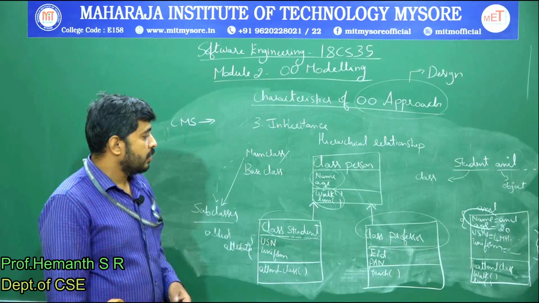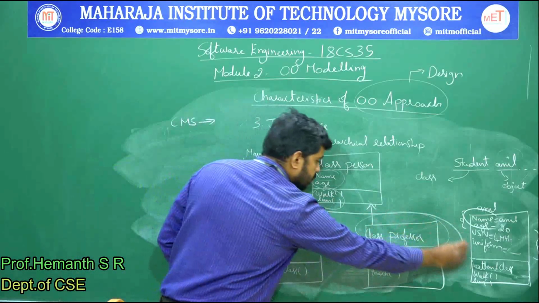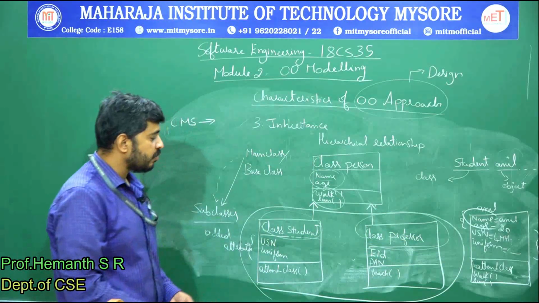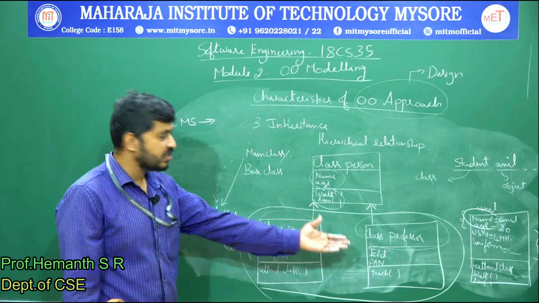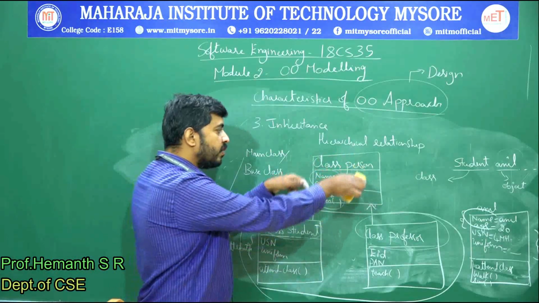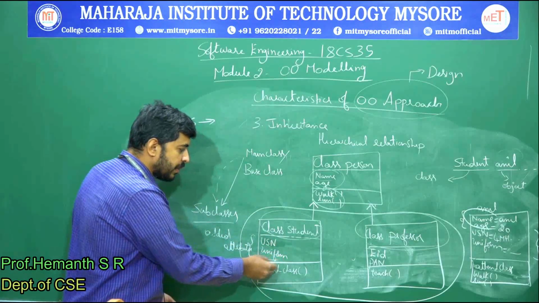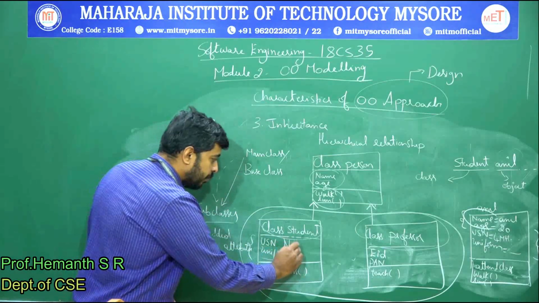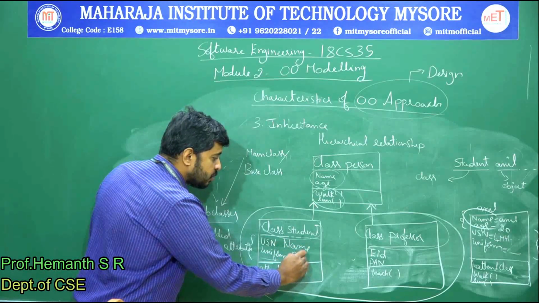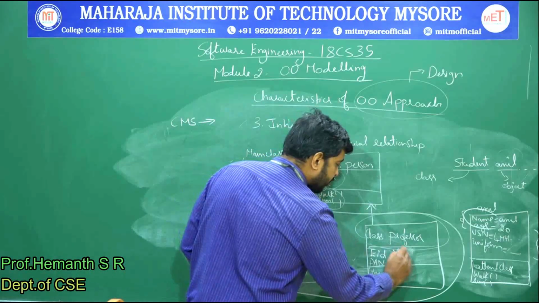Things which are common to all these subclasses, like name and age common to a student and a professor, you can put in one main class. You need not repeat it in each and every subclass. I need not write name and age in student. I need not write name and age in professor.